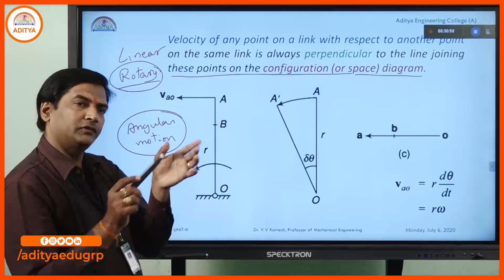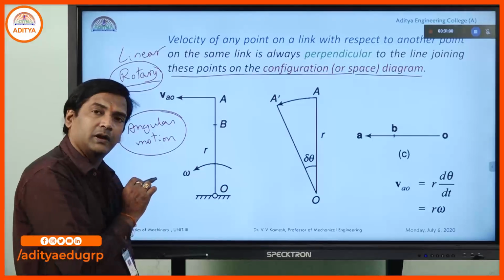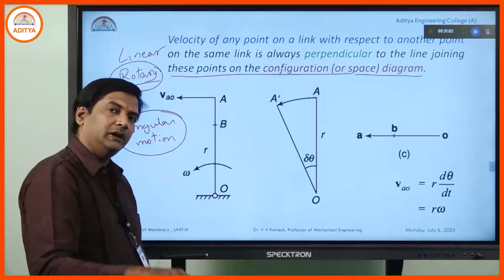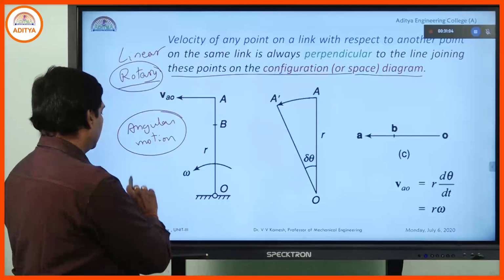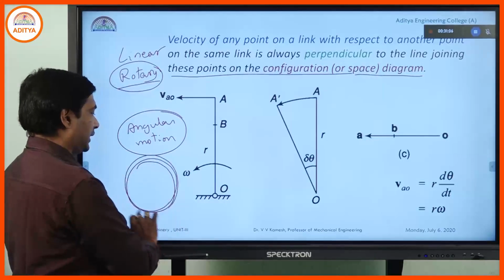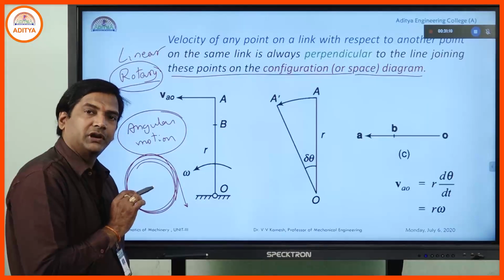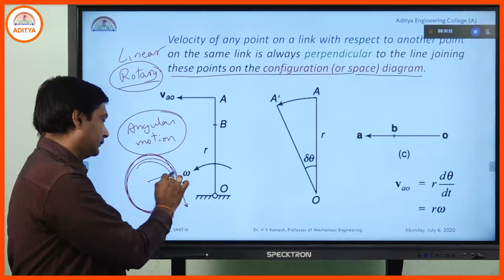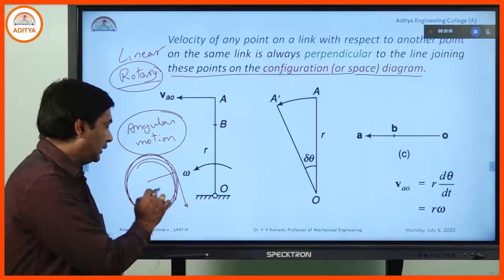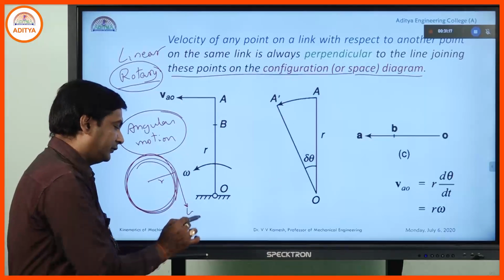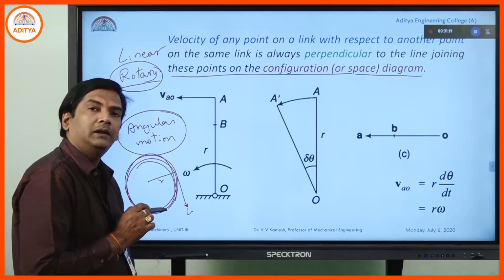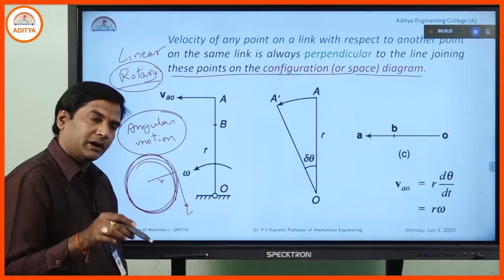According to the principles of angular motion, when any body is moving in a circular direction, the velocity will always be tangential to the radius. The radius of curvature will be r, and the velocity will always be in the tangentially perpendicular direction.